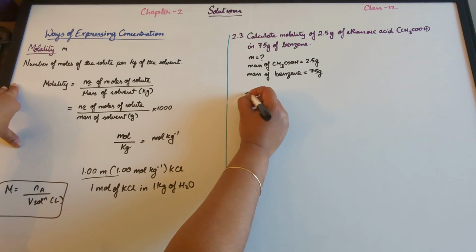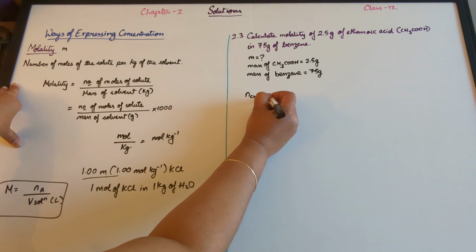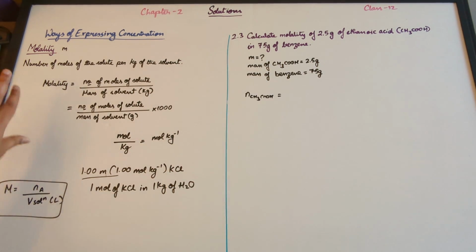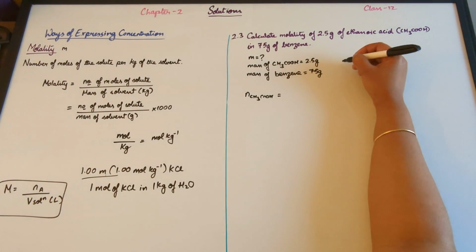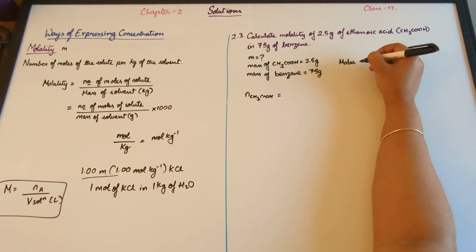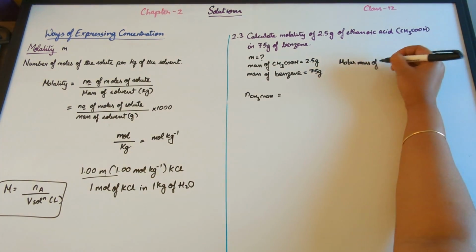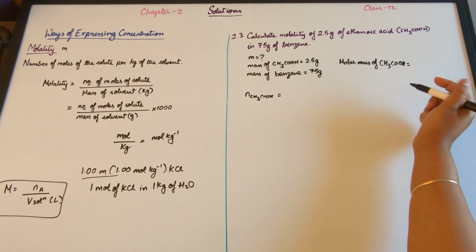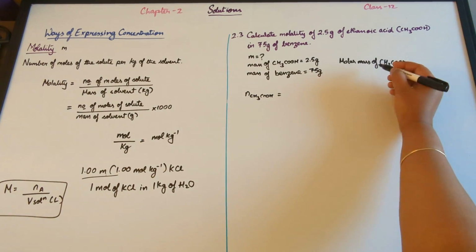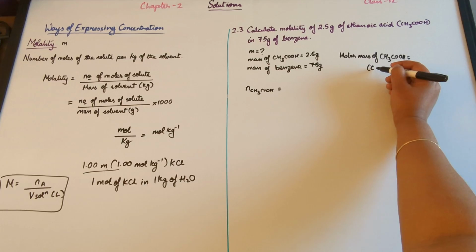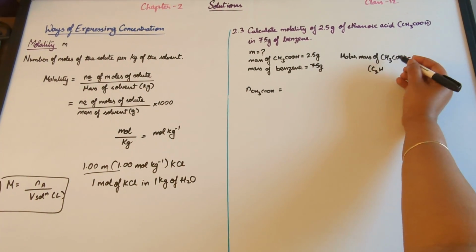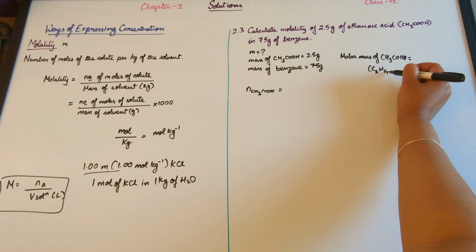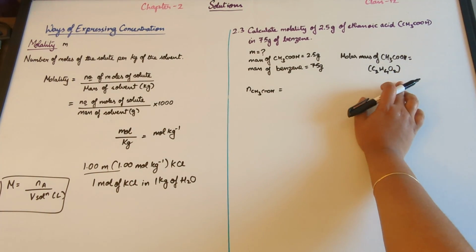So the number of moles of CH3COOH will be equal to the mass, 2.5 grams, divided by the molar mass. The molar mass of acetic acid: I'm going to write the formula again as C2H4O2.